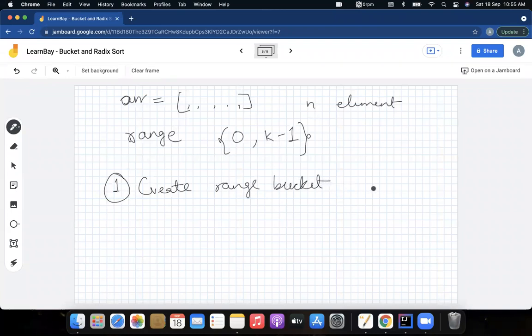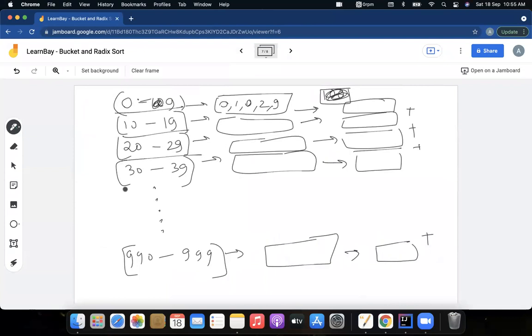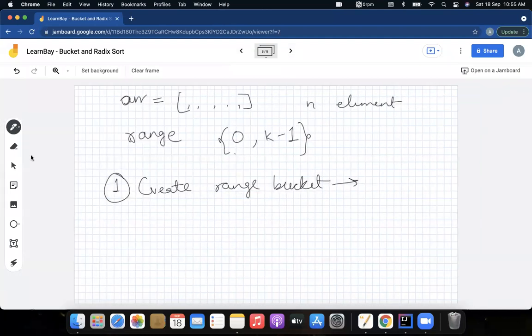Range bucket means decide how many buckets you will have. Like in this case, we had 1000 range. So we created 100 buckets of range 10, right? 0 to 9, 10 to 19, 20 to 29. So you need to take a decision on what is your bucket size and what are the total number of buckets, right? So simply put, you create buckets.